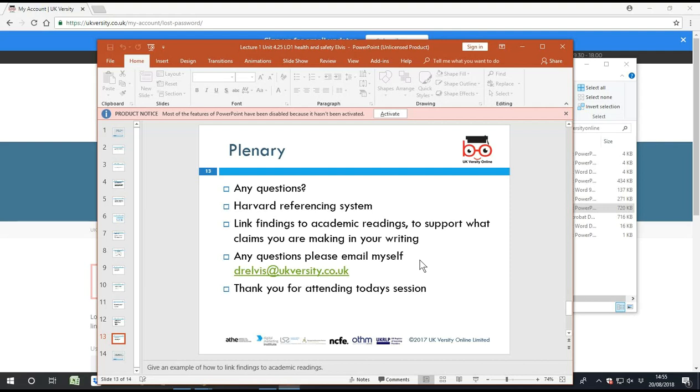Make sure that all references that you cite in the text will appear in your reference list and support all claims that you are making in writing with sources so that the work will be quite academic.